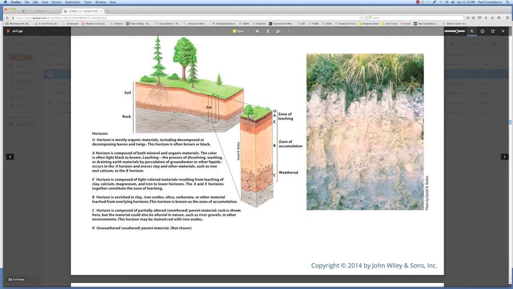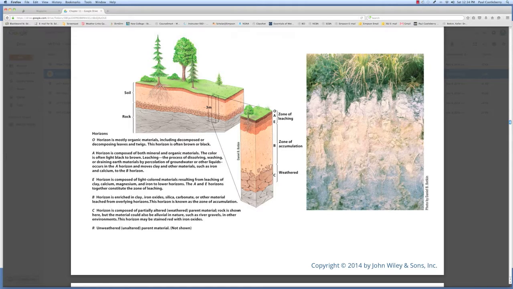And you see here as we go up from C into B, that physical and chemical weathering of the rock is actually turning it into soil. And then this area down here is basically the bedrock, the parent material, although they're saying it's not shown here. So there's a lot more going on to soil than you thought, right?